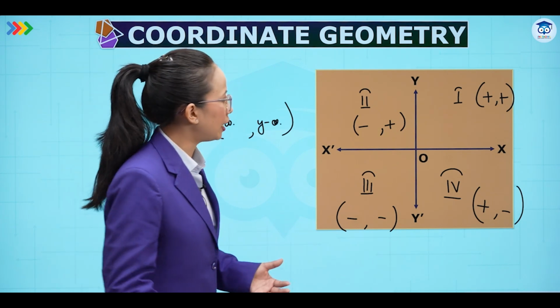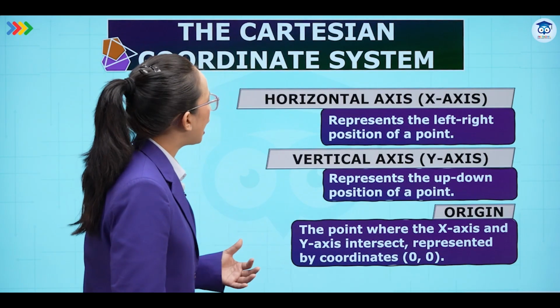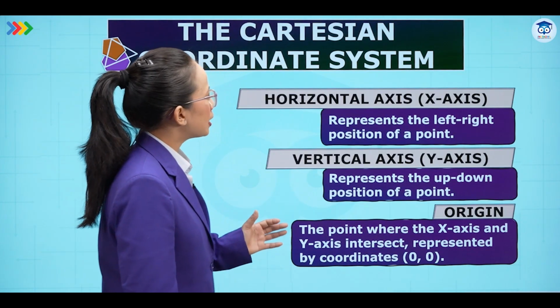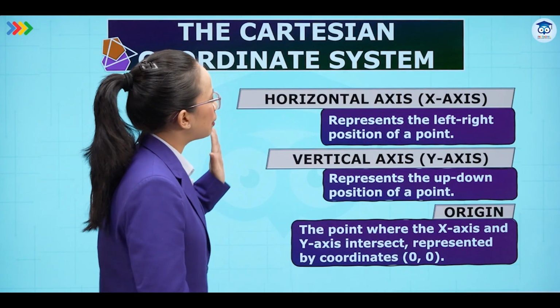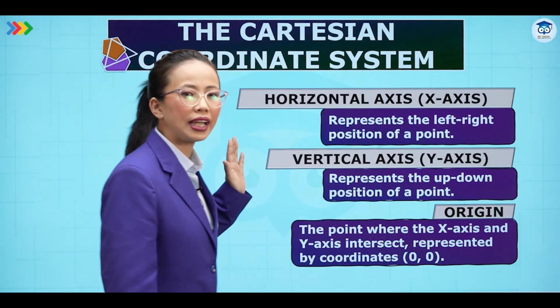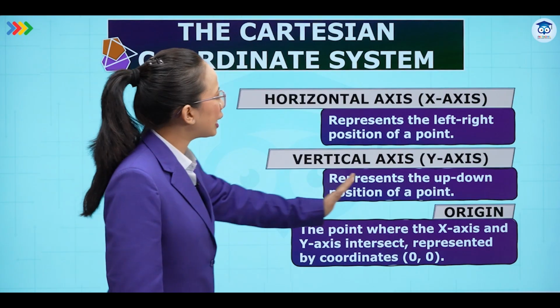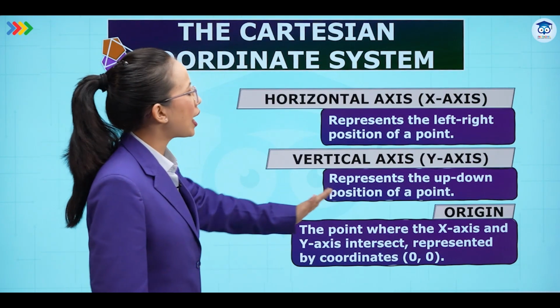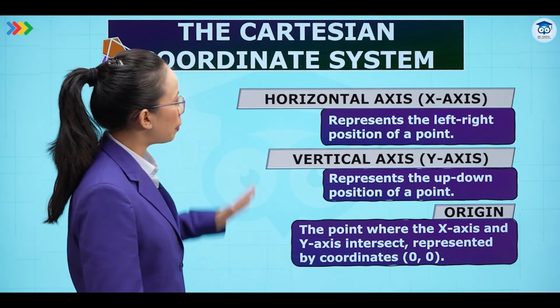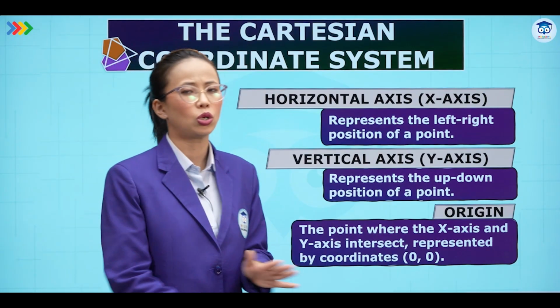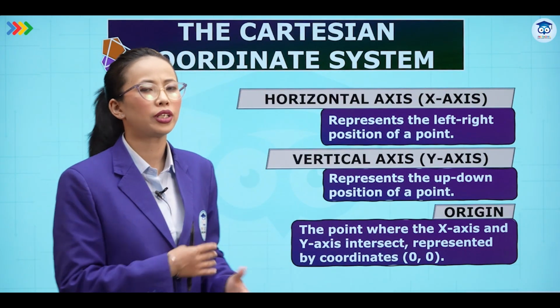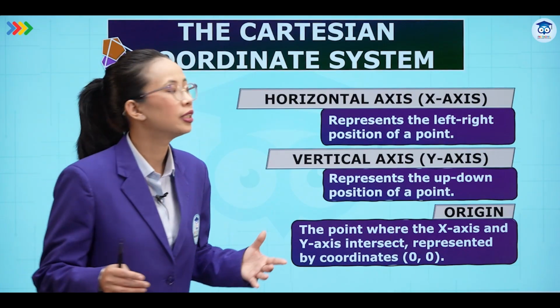So moving ahead, next we have the horizontal line, that is the x-axis. As I have said, it represents left and right, and the vertical axis, which is the y-axis, represents up and down. Origin is where it is not moving anywhere, so its coordinate is 0, 0, right?